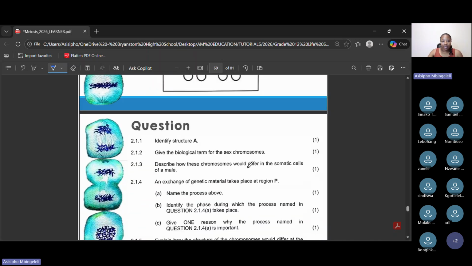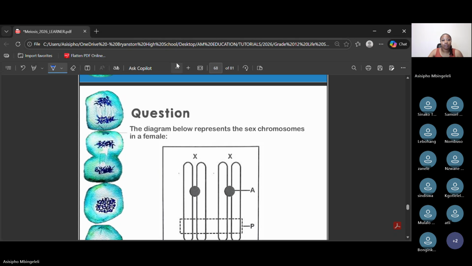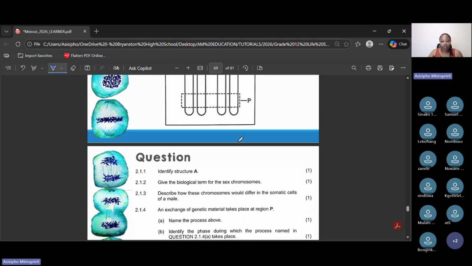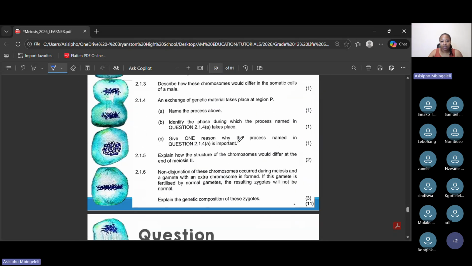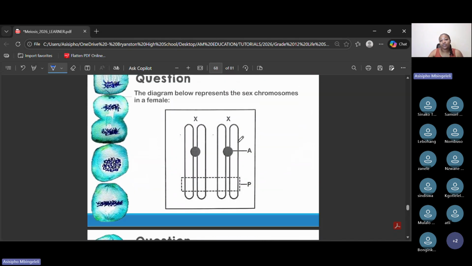Let's work together. Let me see the diagram below. How many minutes am I going to give you to do this one? Fun fact, this question is from November 2025.